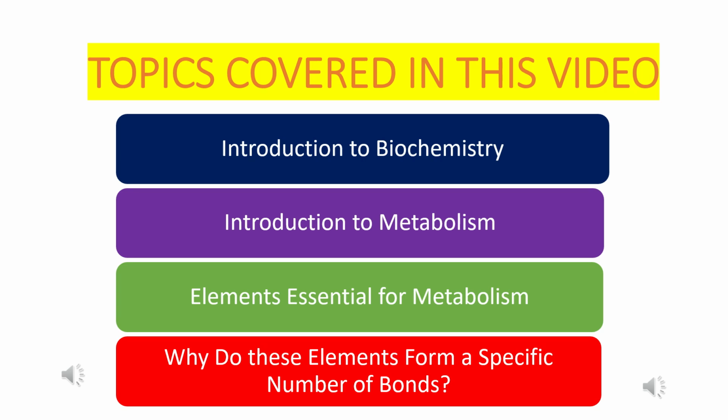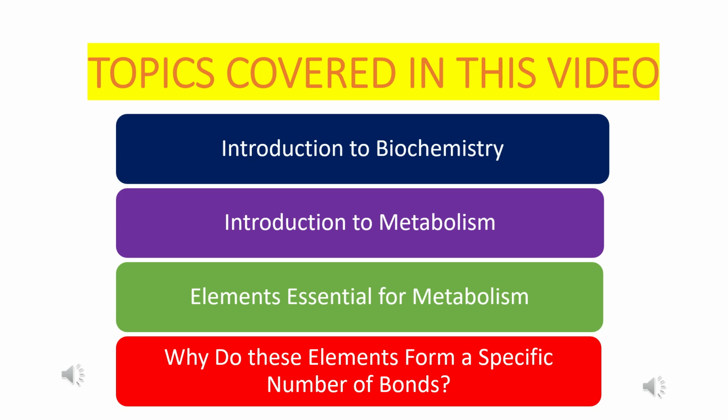After that, we will study the elements essential for metabolism, including carbon, hydrogen, oxygen, nitrogen, phosphorus, and sulfur. We will also understand why these elements are indispensable for life. Finally, we will answer an important question. Why do these elements form a specific number of chemical bonds?